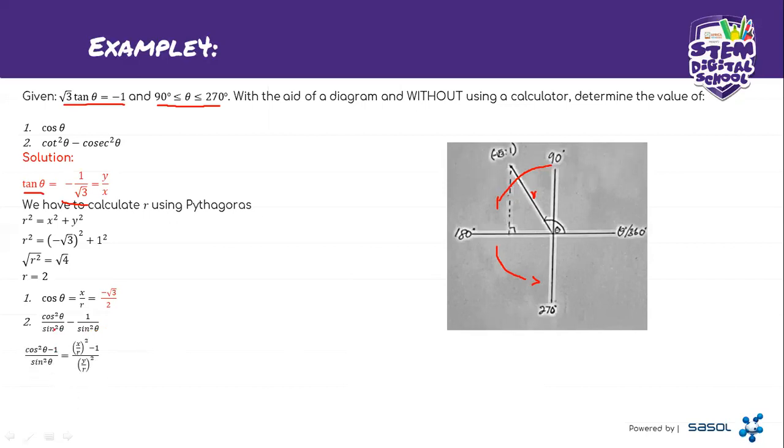Now, if you add the two fractions, you're going to get cos squared theta minus 1 over sine squared theta. We know cos is x over r, sine is y over r. Then you just substitute those values there and press your calculator, and it's going to give us negative 1 over 2. So that is the answer that we got.